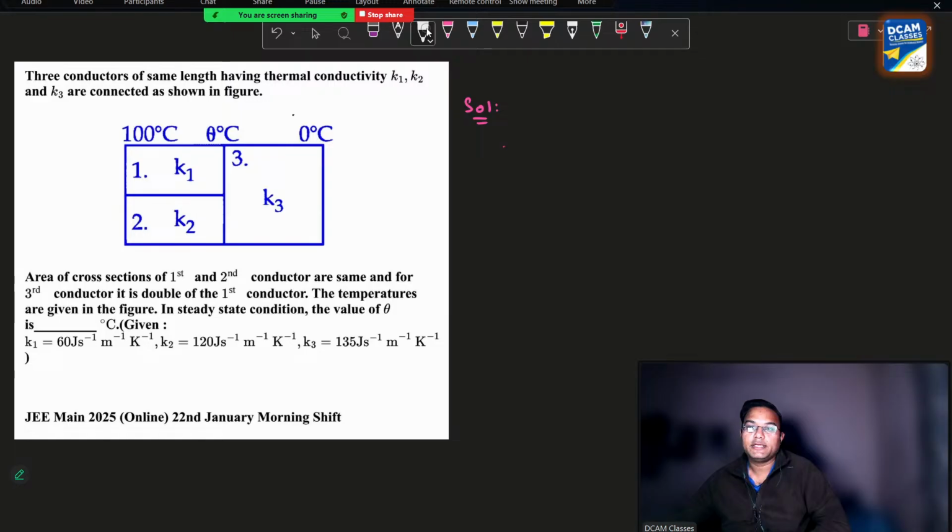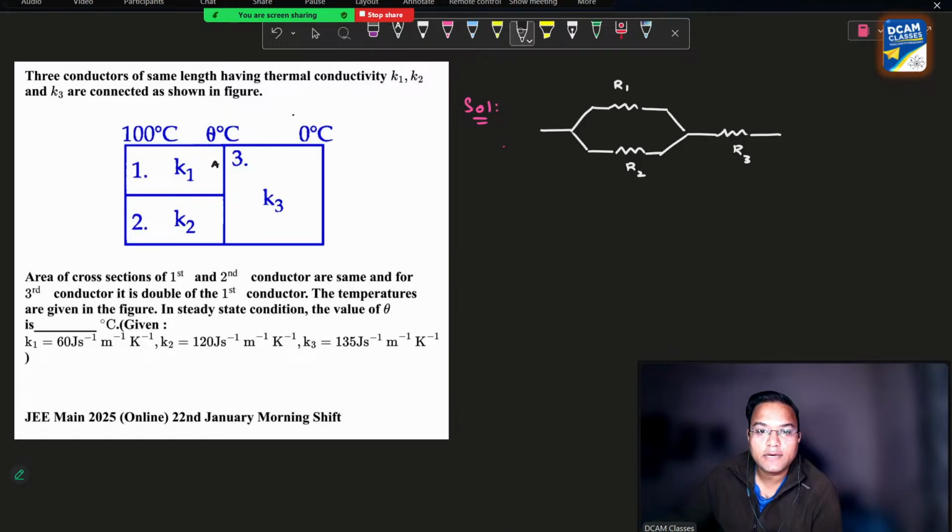This configuration you can draw like this. This is R1, this is R2, and say this is R3. Since this area is half, it should be A by 2. This should be A by 2, and this should be A.